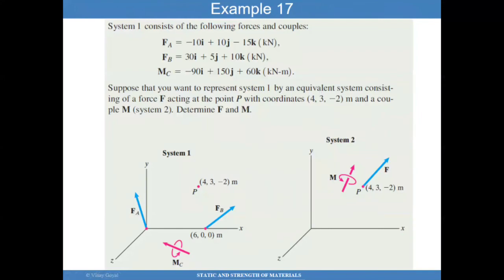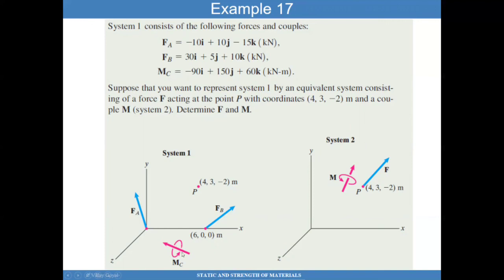Let's look at a couple of examples here. Example 17. System 1 consists of the following forces and couples. So I have a force vector FA, a force vector FB, and they're provided here. The vectors are provided to you. There's also a moment of this magnitude and direction here.